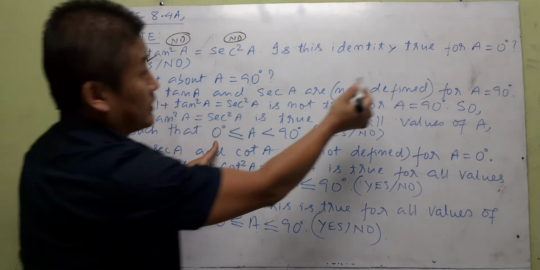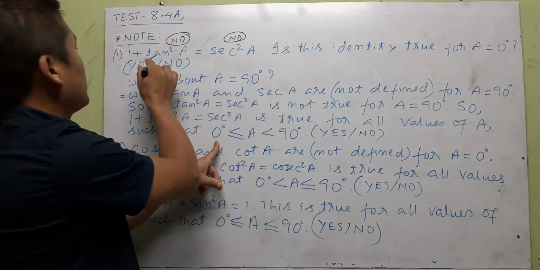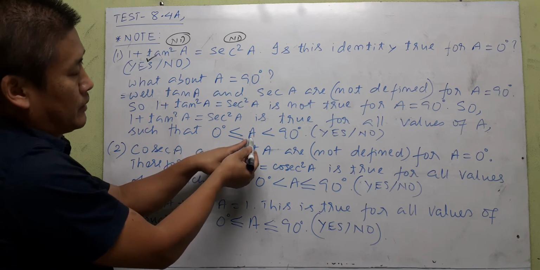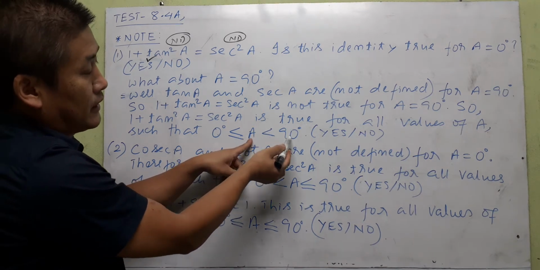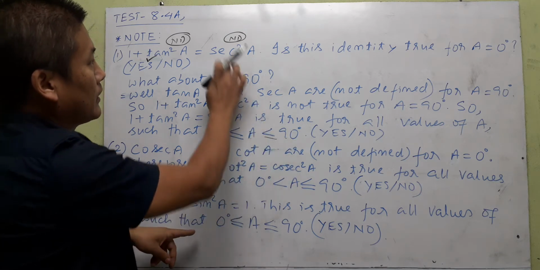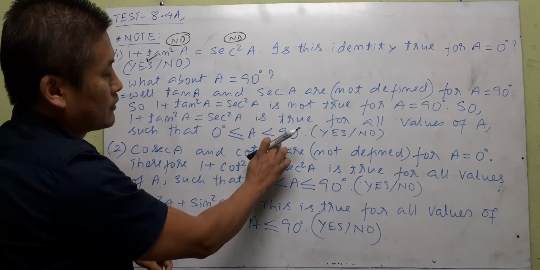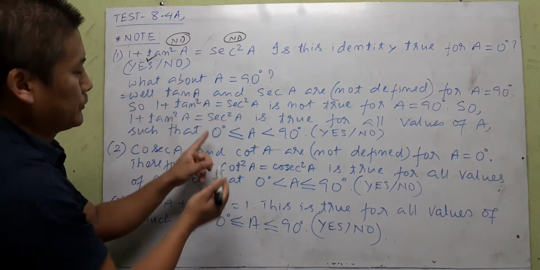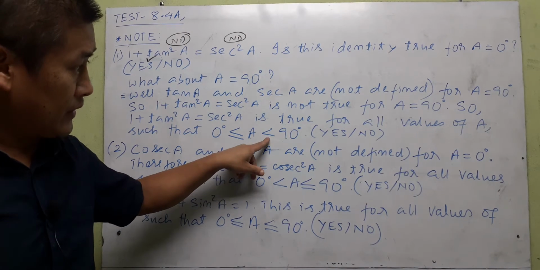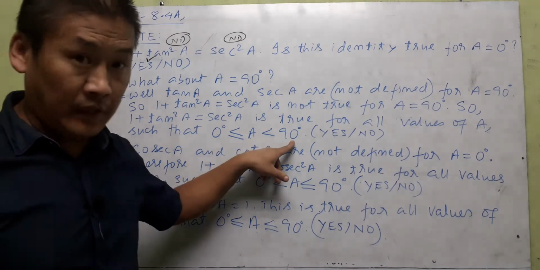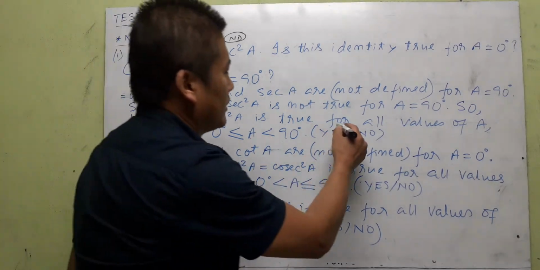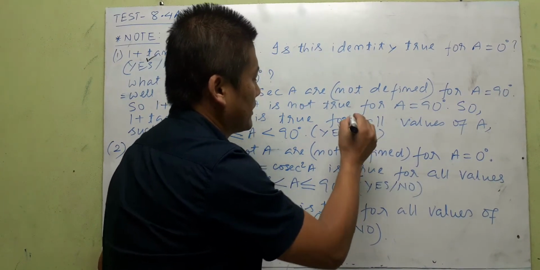It can be 0, yes. It can be greater than 0, yes. But it has to be less than 90. It cannot be equal to 90, because once it's equal, it becomes not defined. So our condition when we use this identity is that 0 degree should be less than or equal to a, and a should definitely be less than 90 degree, means below 90, should not be equal to 90. So that is yes. Okay, so we write here yes.